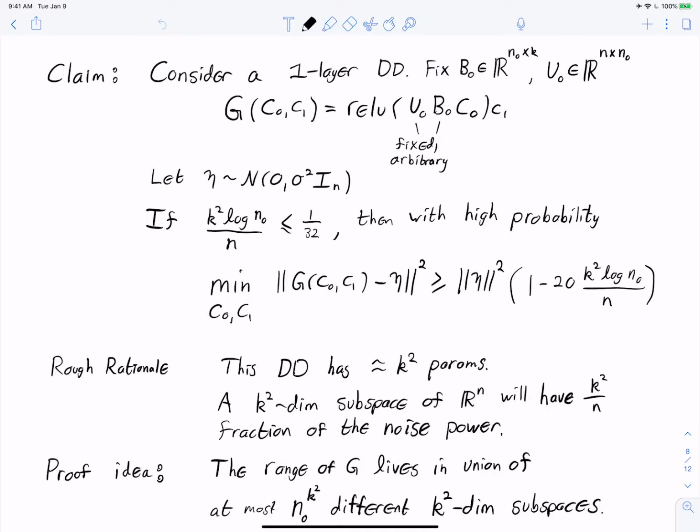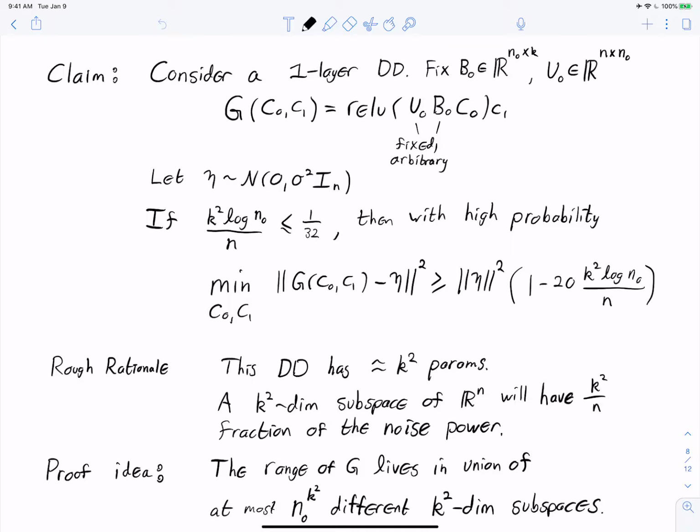So here we have relatively few different subspaces of dimension k squared, and one can work out the mathematics to get the bound above. In some sense, under this model, the deep decoder is a piecewise linear function. In any given piece, you're really in this k squared dimensional linear setting, which is just like the beginning of this rationale.